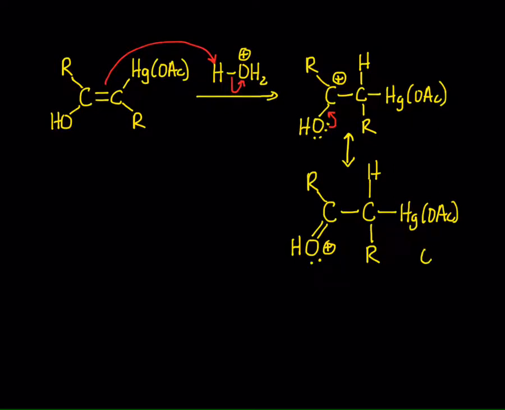Now, what happens next is I simply can hydrolyze the mercury acetate off. So I can react that with water, and the electrons from the carbon-mercury bond can simply go in to form a new pi bond and displace a carbon-oxygen pi bond.